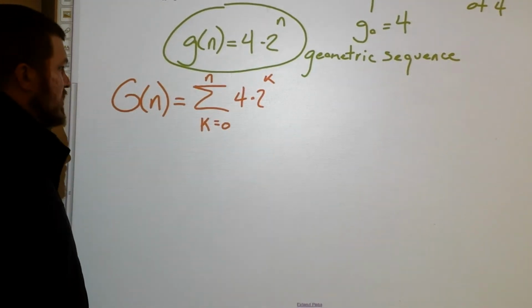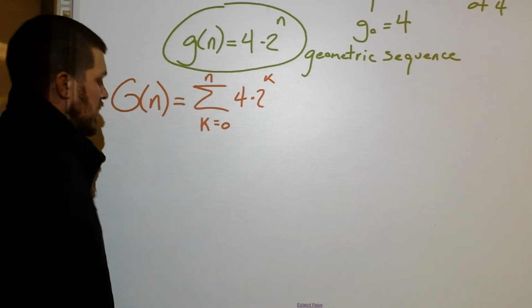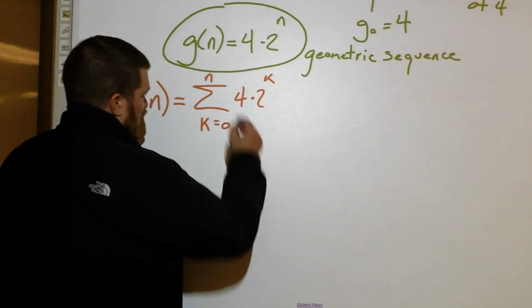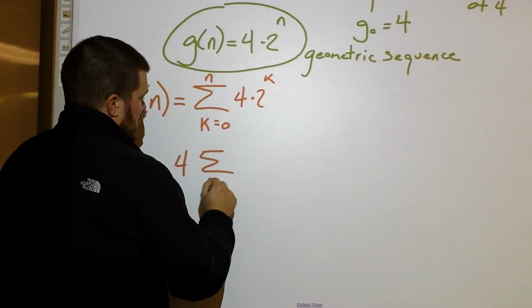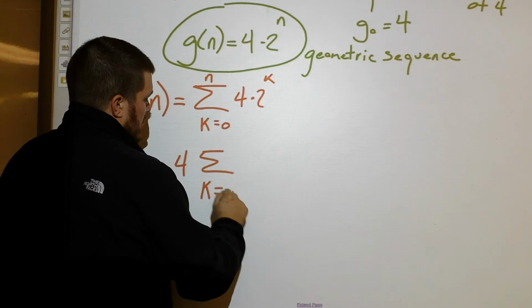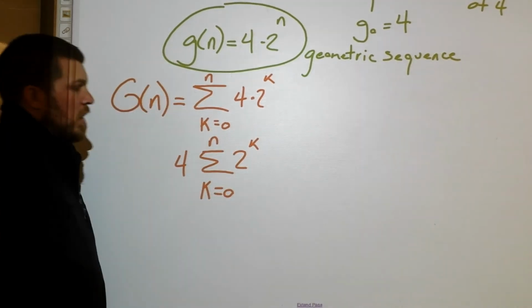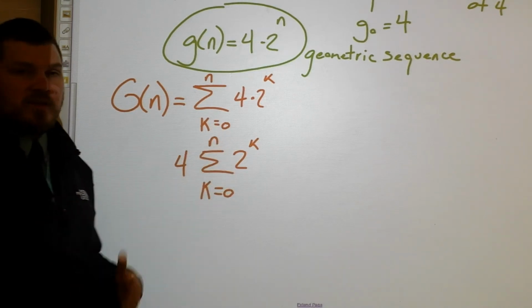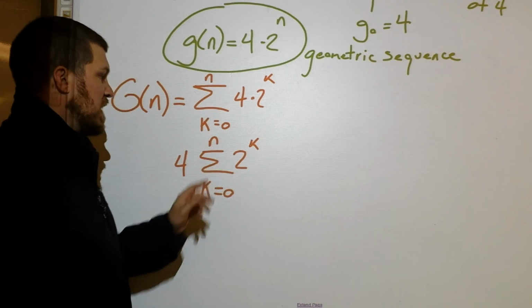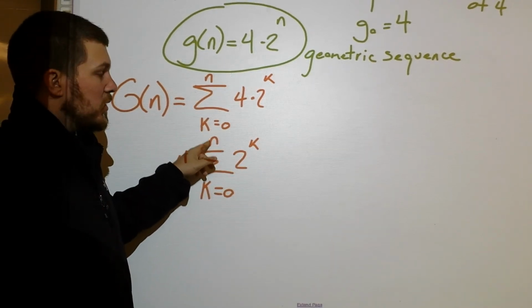Now what we're going to do is create a closed form definition for this series. Again, 4 is a coefficient, so it gets to come out. So 4 sigma, starting in the 0 position, going to the n position of 2 to the k. Now, we had a rule for this. It was called Euclid's method. We haven't done a lot with Euclid's method, but it does have a rule. It all is based on whatever letter or number is on top.